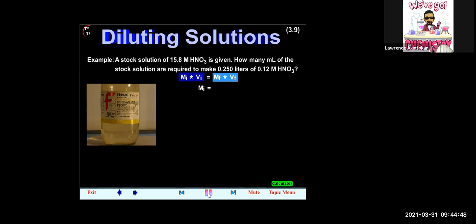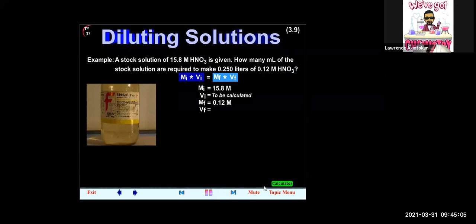Mi equals 15.8 molar. Vi is to be calculated. Mf equals 0.12 molar.